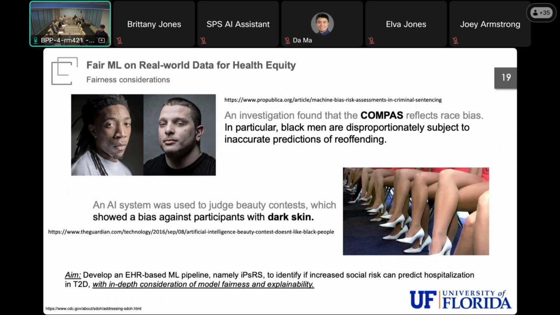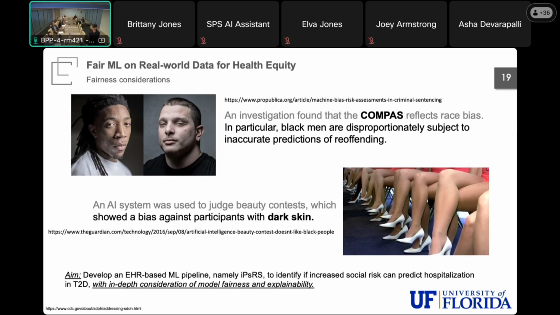Another example comes from an AI system used to judge beauty contests, which showed a bias against participants with dark skin. So to prevent increasing health disparity, we need to be concerned about the bias problem, the fairness problem, in creating the screening tool.